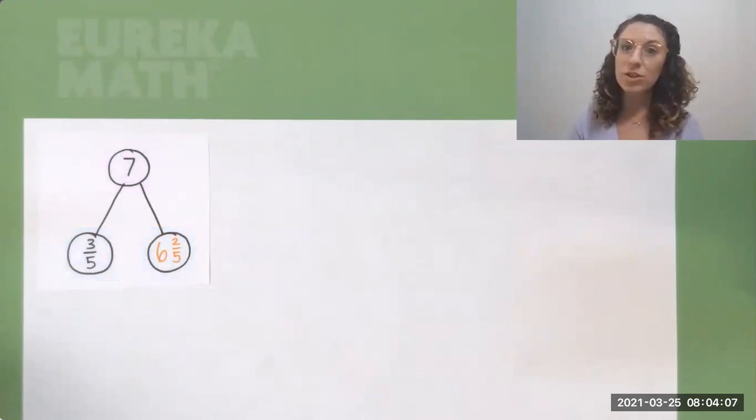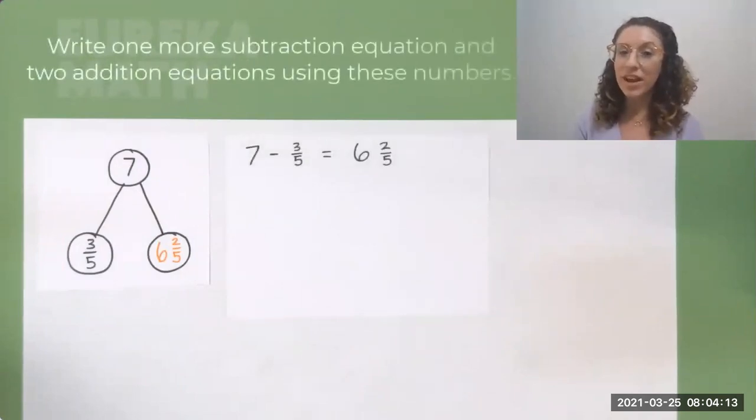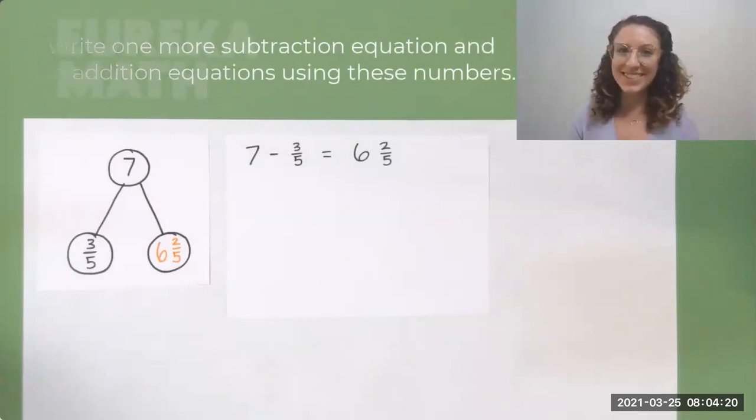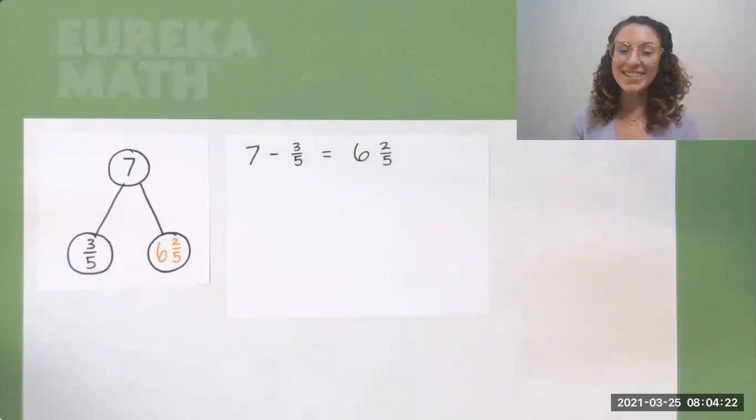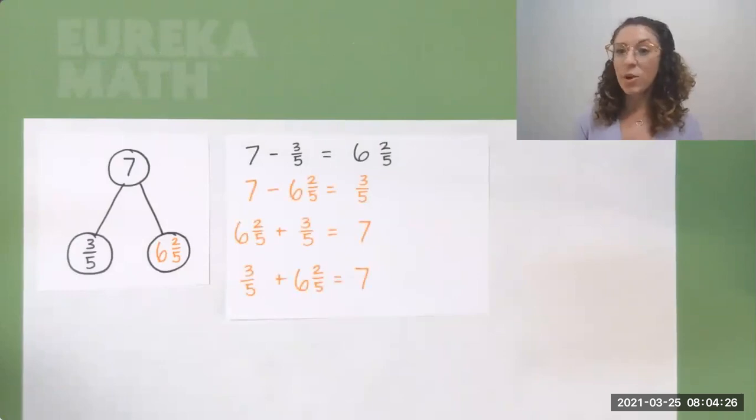Here is the equation you just solved. Hit pause, write one more subtraction equation and 2 addition equations that use these numbers to show how they're related. Ready? Take a moment to compare your work with mine. Notice how each equation is a different way to represent this part-whole relationship.